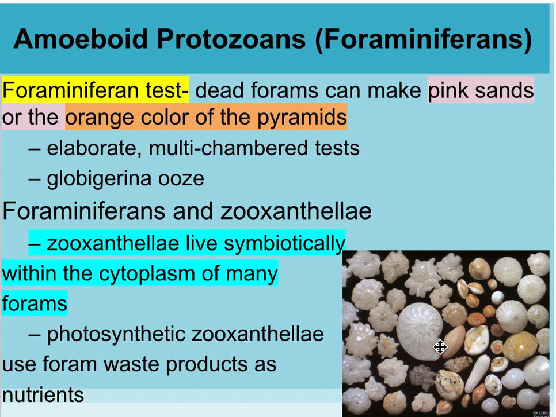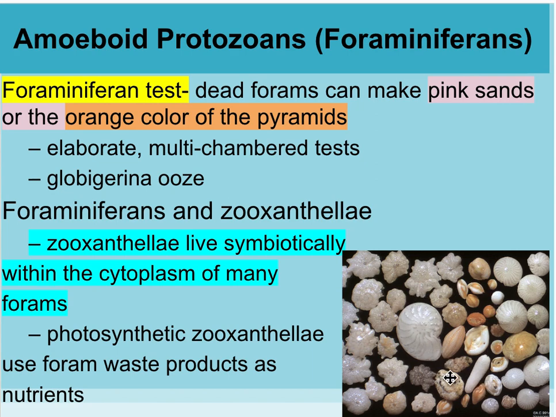But if you could look at it under the microscope and it's foraminiferans, this is how gorgeous their different bodies are. It's so pretty. Some of them are very pink and can make some beautiful pink sand beaches. And some of these were actually orange, and the orangey color that you see on the ancient pyramids of Egypt is actually foraminiferans that were orange.